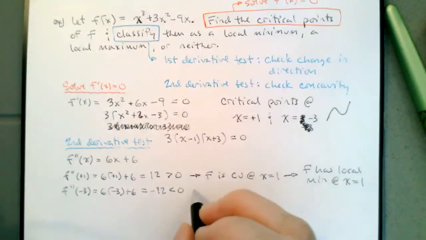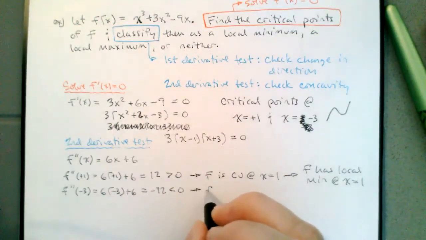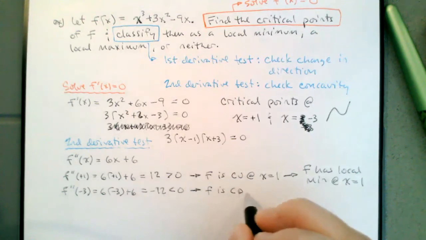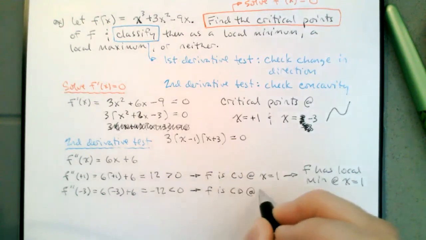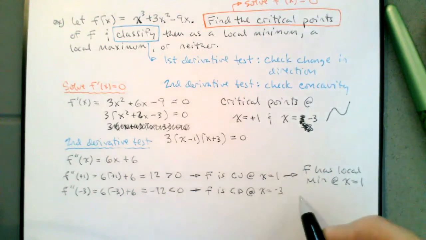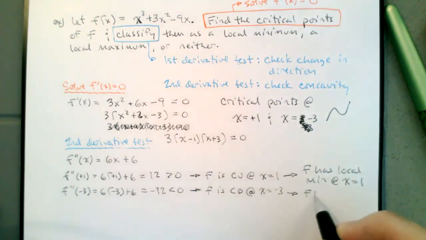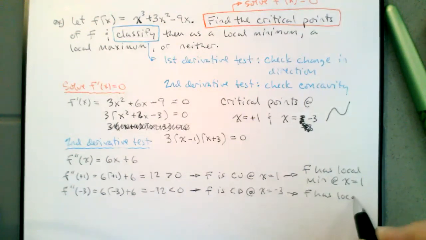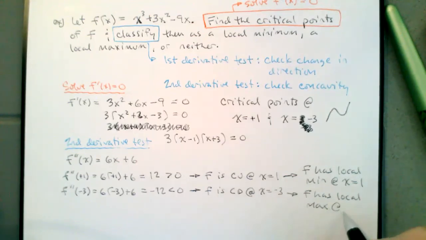So that means f is concave down at x equals -3. And so f has a local maximum, concave down is a max, at x equals -3. Any questions?